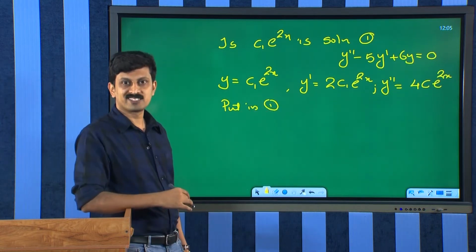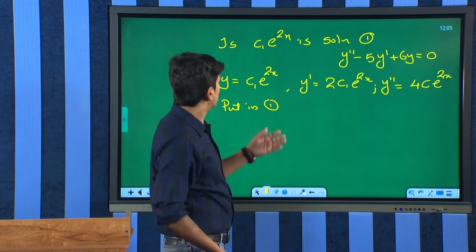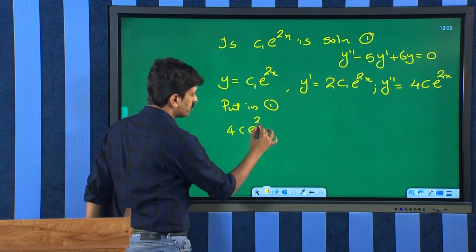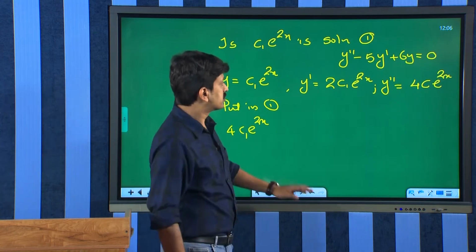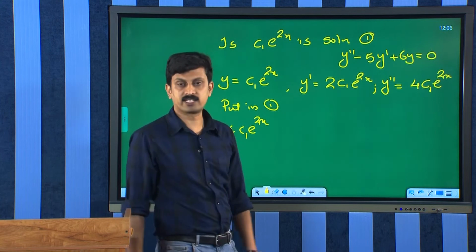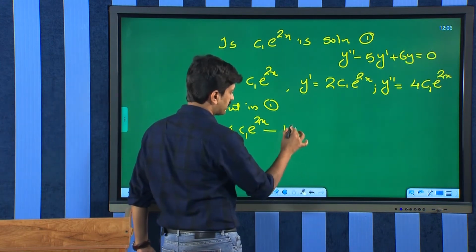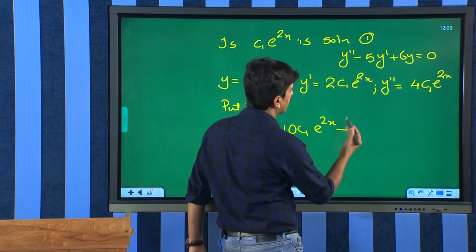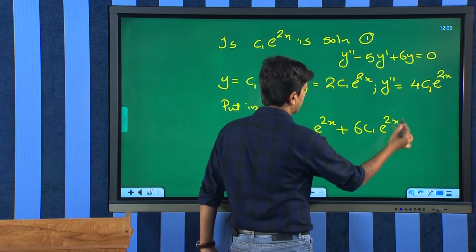What will happen? We apply y double dash, that is 4c1 e^(2x), plus c1 e^(2x) for the y term, and similarly minus 5 into 2c1, that is 10c1 e^(2x), plus again 6 into c1 e^(2x), that is 6y.